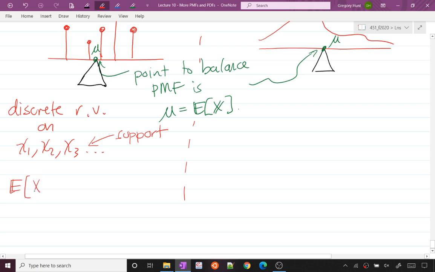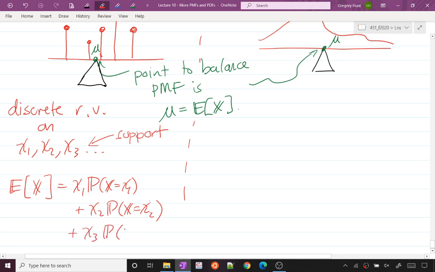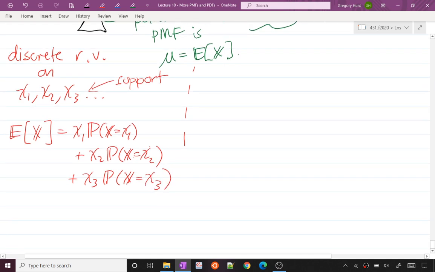Then the expected value here is x1 times the probability we land at x1, plus x2 times the probability we land at x2, plus x3 times the probability we land at x3. And so it's basically this sum, or average, of the different possible values, x1, x2, and x3, weighted by how likely it is that we're at x1 or x2 or x3.